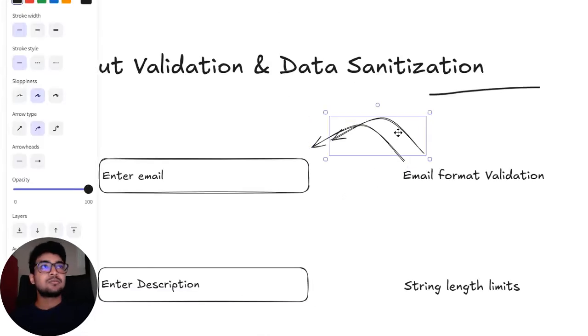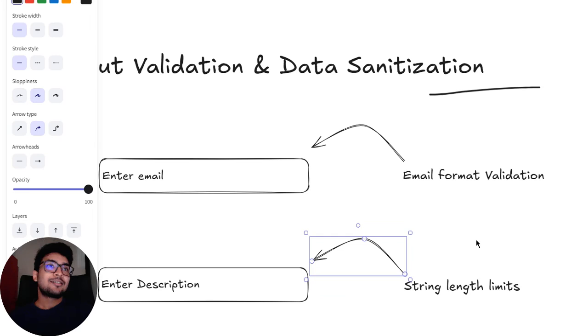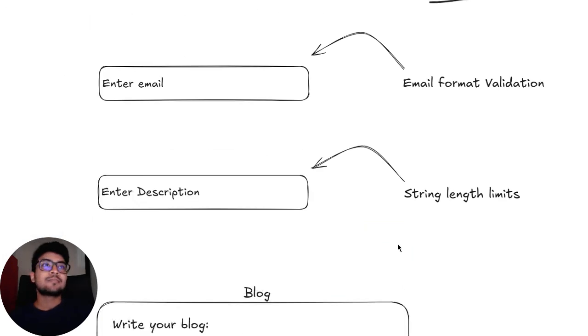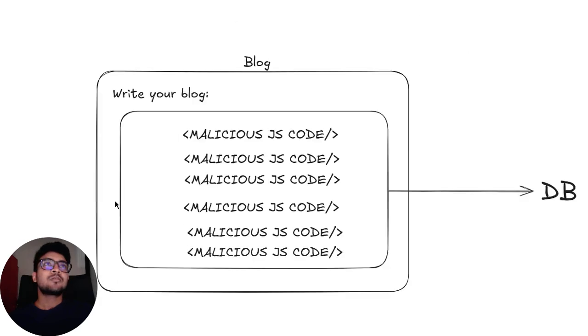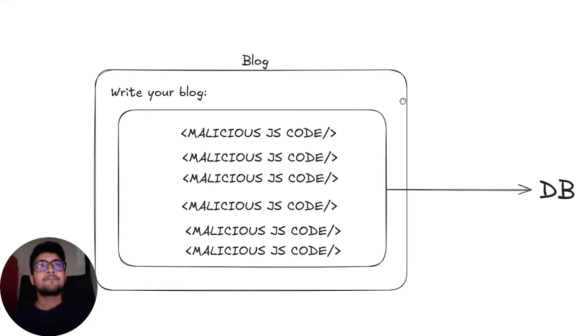Maybe you want to get feedback from a customer. It's the same thing. You can enter limitations to your string in description text fields. So these will help to validate and sanitize your backend. It's the same thing with sanitization as well.